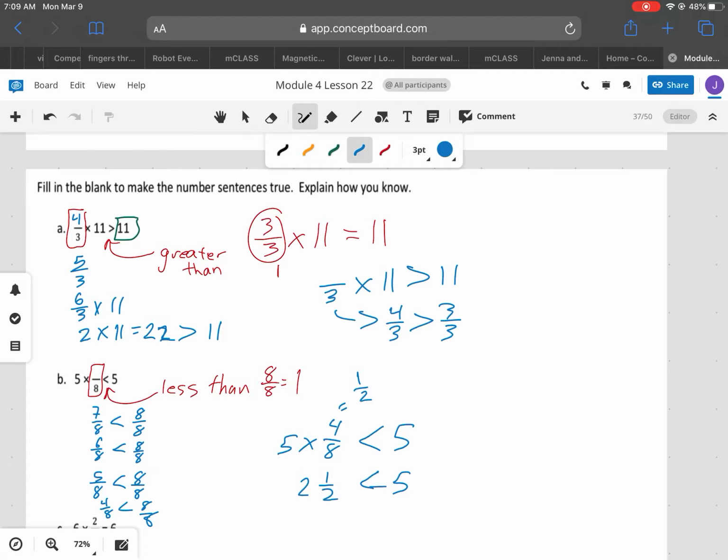Alright, let me see, I like numbers myself. Oh, you can also explain it with the tape diagram. So let me go ahead and explain it with the tape diagram. Alright.